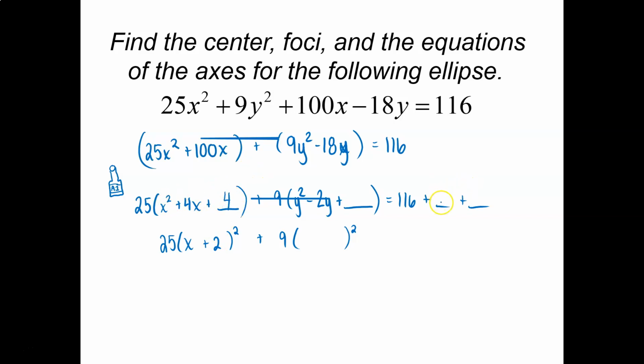But what number has to get added to the other side? 100. Okay. Then for the second one, I'll have y minus 1. What number goes in our blank right here? 1. What number goes in our blank on the other side? 9. Okay? So when I add those together, I'm going to get 225.